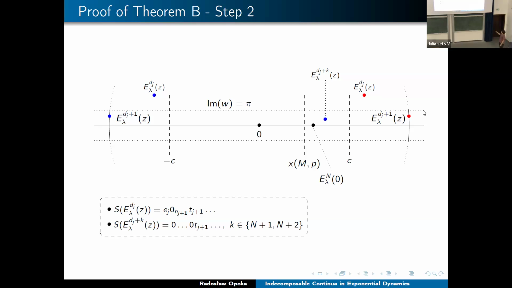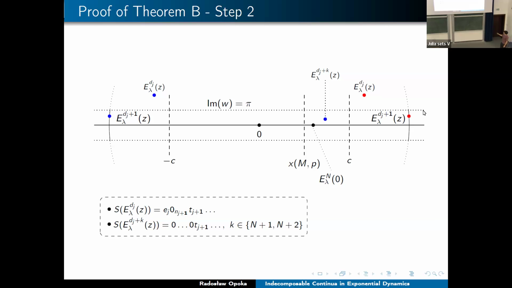But what happens when we, for example, go to the left? For some time we travel close to the orbit of zero, and we can prove that at some time we cross this x of MP, but we waste some iterations, and some zeros disappear from our itinerary. This is the problem. The solution is that for fixed MP, this x is fixed. So we can find n such that e to the n of 0 is the first iterate of 0 to the right of x.